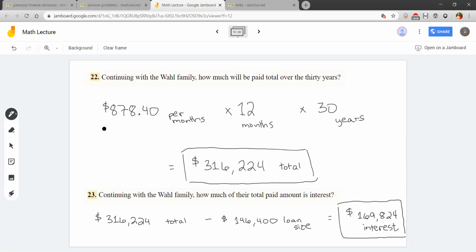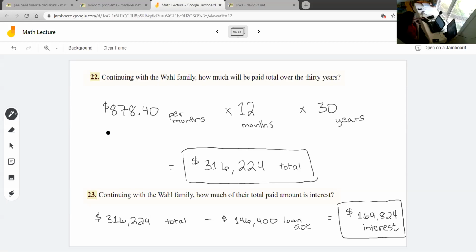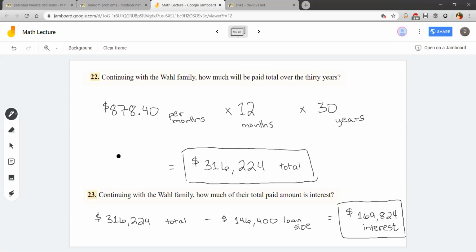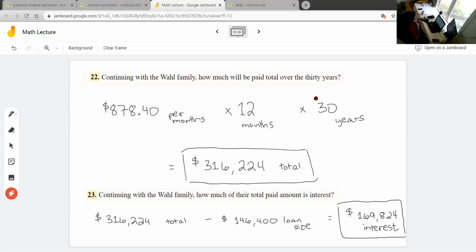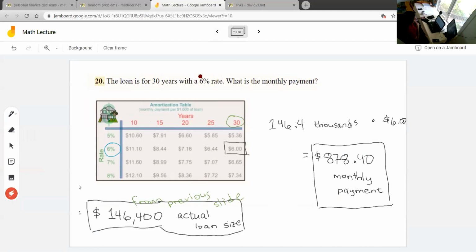Okay, question on this slide. Who in the heck would want to pay back a loan over a 30 year period of time? They're actually pretty popular. Wow. I would go insane. I don't like owing money anywhere. The longer your loan, the cheaper the monthly payment, right? If we go back to a slide that has this, if I wanted a 10-year loan, I would be paying almost twice as much per month.